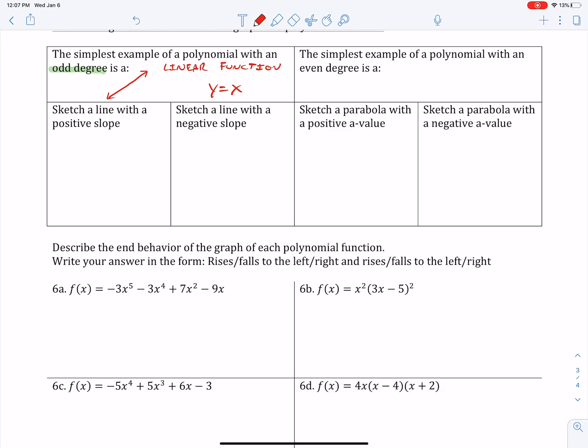If you remember, a positive slope is like this, and a negative slope looks like that. That's coming from Algebra 1, where we spent an entire semester on lines as well. Here's something interesting. The simplest example of a polynomial with an even degree, so something a little bit different. Last one was odd, this one's even. You're going to get a quadratic, a quadratic function.